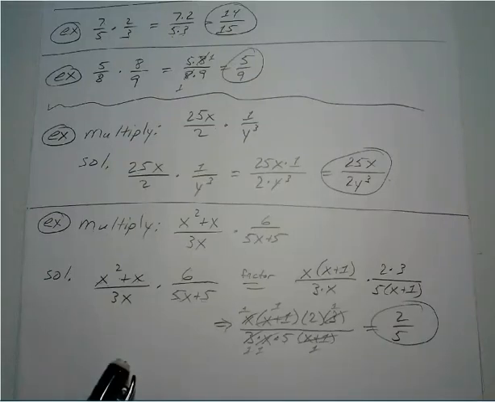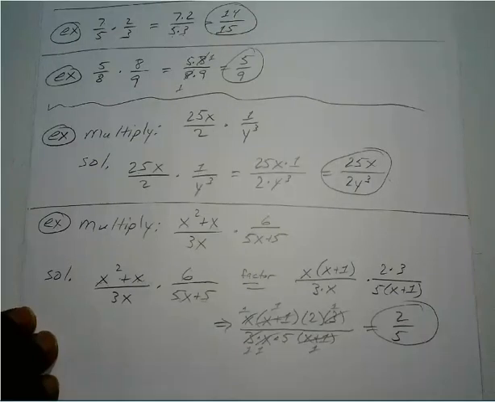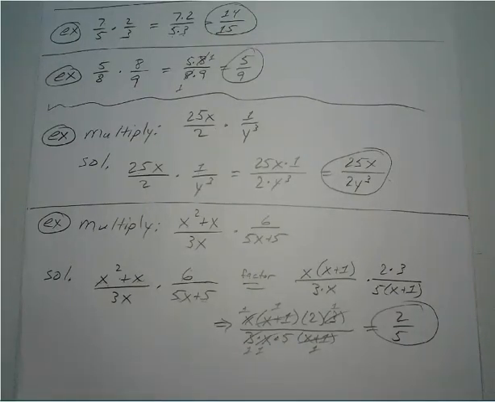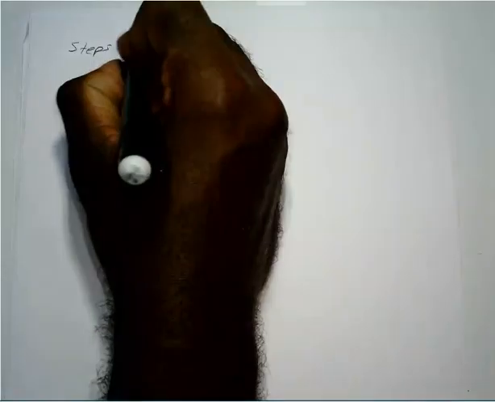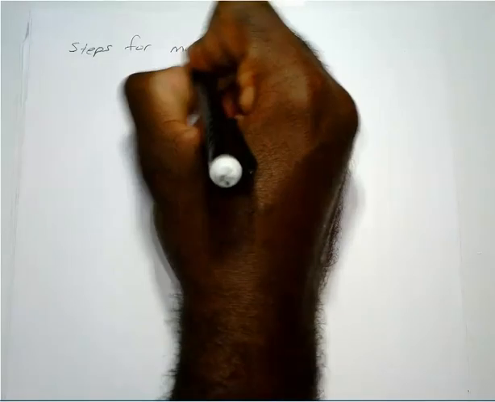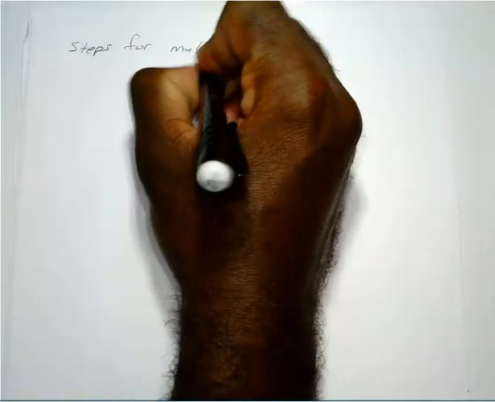Okay, so let's go over our actual steps for multiplying our rational numbers. Okay, remember, if you're still writing, feel free to pause it and finish up. Alright, so we're going to go with our steps for multiplying rational numbers.